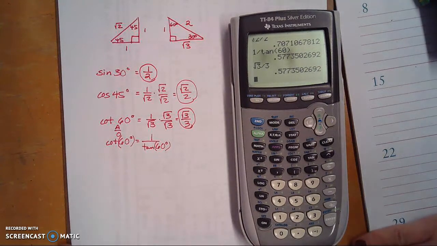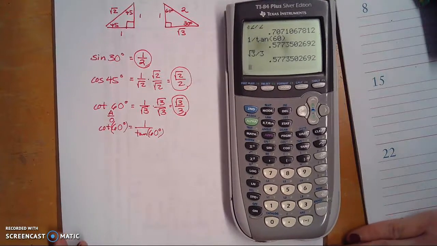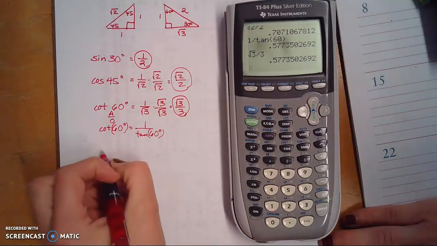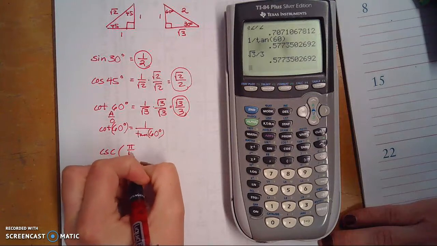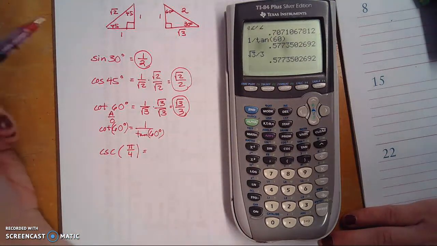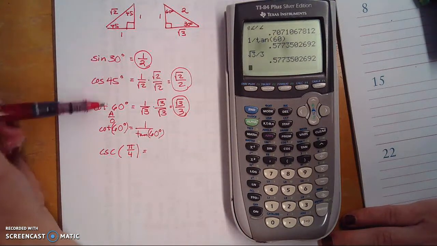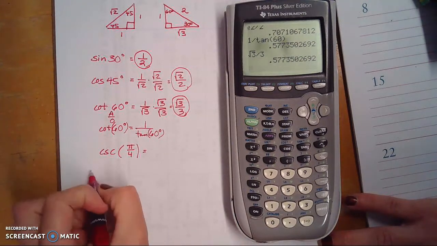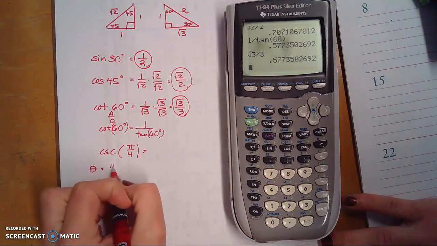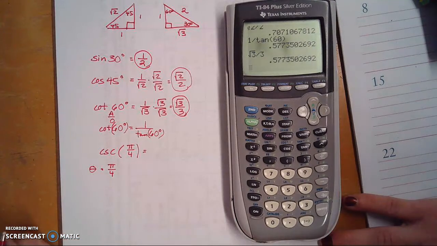So let's do one more example. Let's say that we're looking for, I don't know, let's do the cosecant of pi over 4. Now notice that's a little different here. We were working with degrees, degrees, degrees. Now Mrs. Miller's giving you a radian. So the first thing that we need to do is take pi over 4 and convert it to degrees.